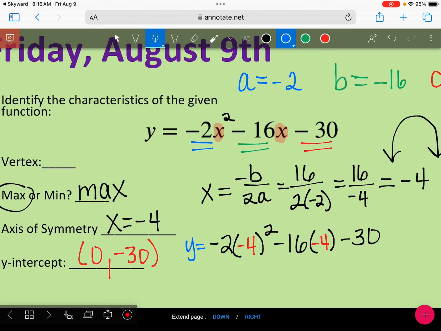And that's going to give us the y value of our vertex. All right, what did you all get when you typed it in?